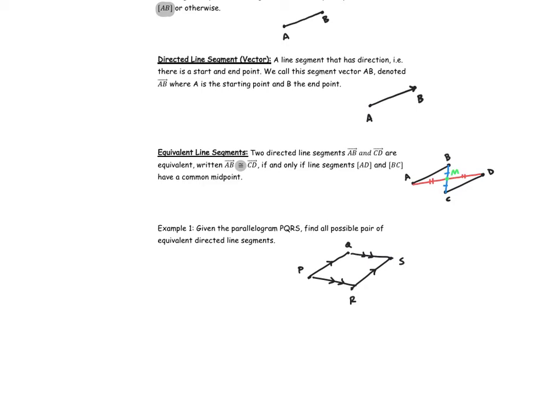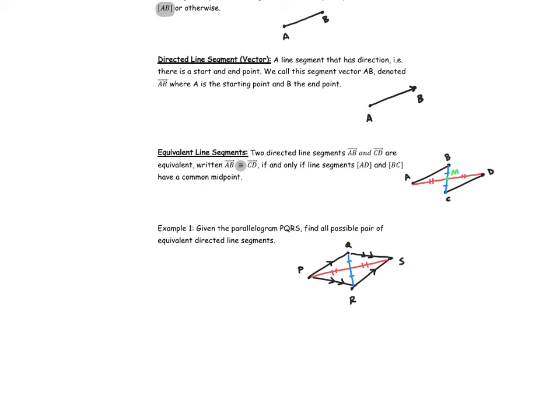Okay, so one of the properties of a parallelogram is that opposite sides are parallel and opposite sides are congruent. That tells us that both the direction and the magnitude of the opposite sides are the same.